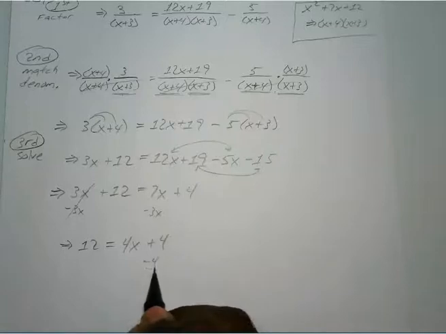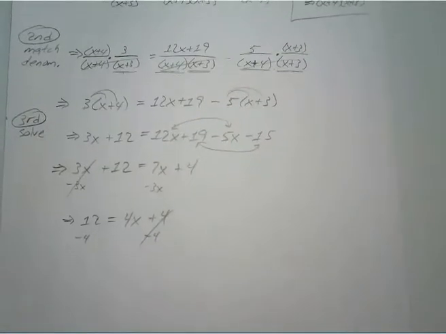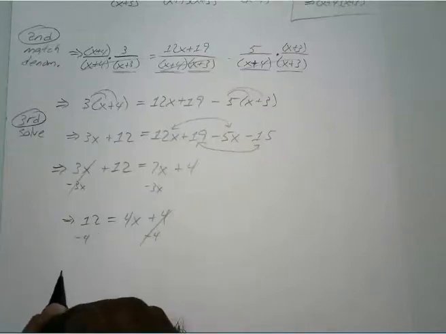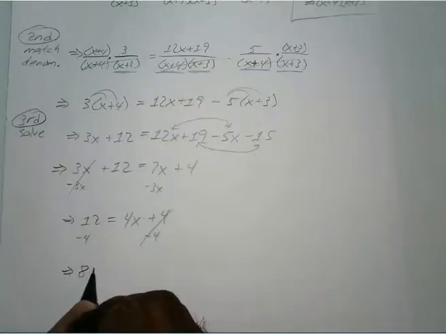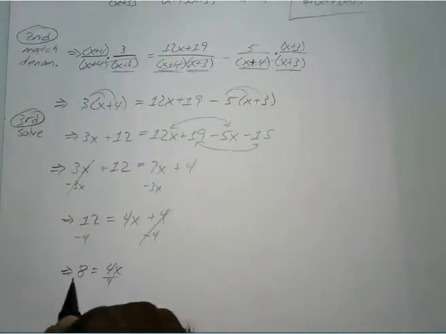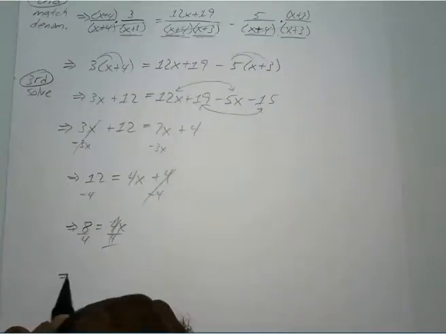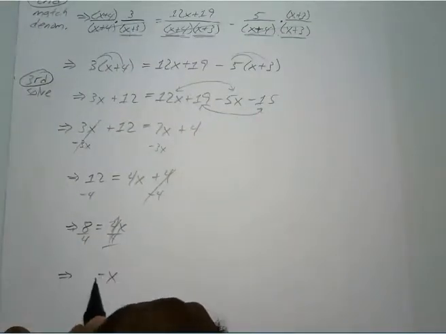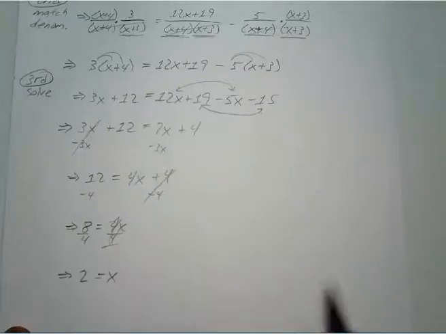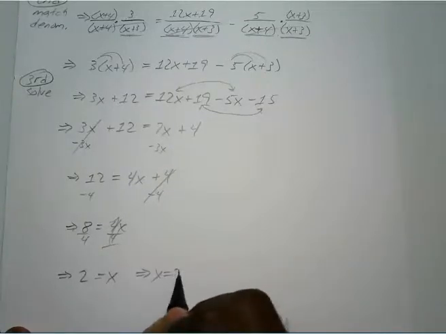Go ahead and subtract 4 from both sides. 12 minus 4 is 8. So we have 8 equals 4x. So if we divide both sides by 4, we have x equals 2. Or you can write it as x equals 2, doesn't matter.